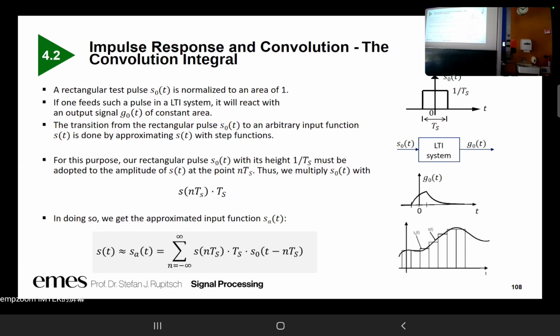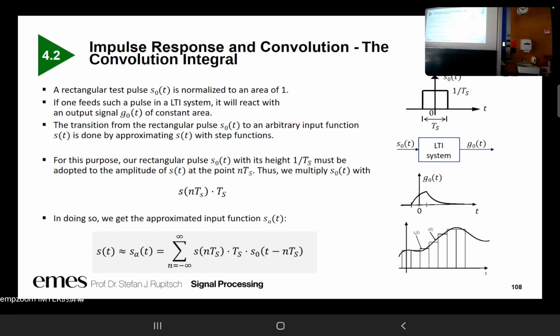And what do we have to do? The time of the rectangular pulse should be fixed, and the area of this unit rectangular pulse also is fixed. Therefore, we have to scale the magnitude of the rectangular pulse. Okay? And in doing so, we are able to substitute this black solid line, this bold line, with these rectangular pulses, which differ in their height.